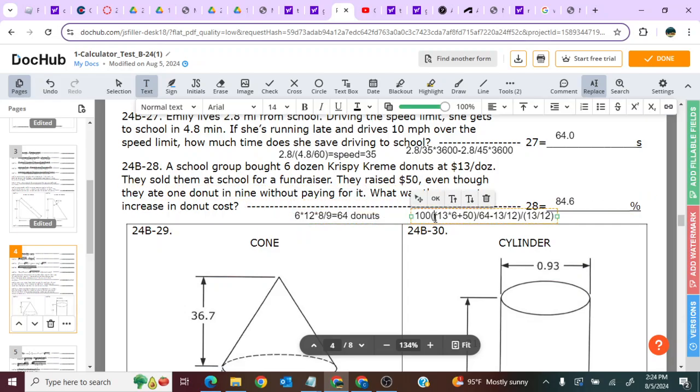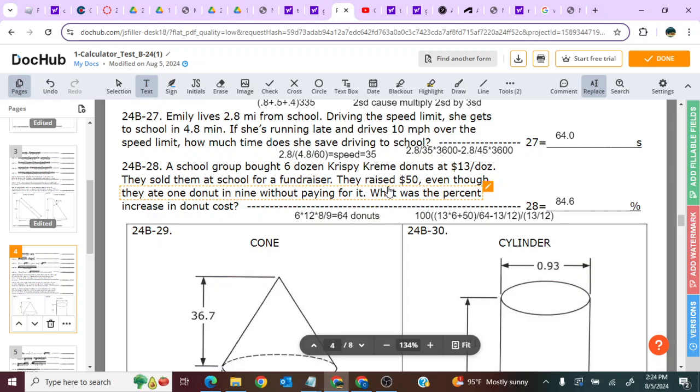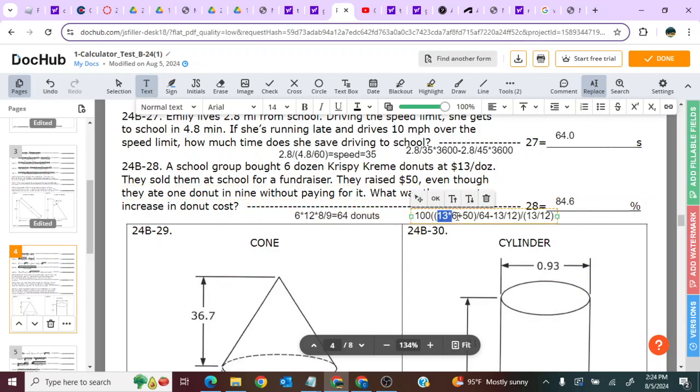So, and they raised $50. Basically when they say raised here, they mean profit. So the revenue they made is equivalent to the original cost of the donuts, so $13 times 6 plus the $50 profit, and that's divided by 64 donuts that are sold.